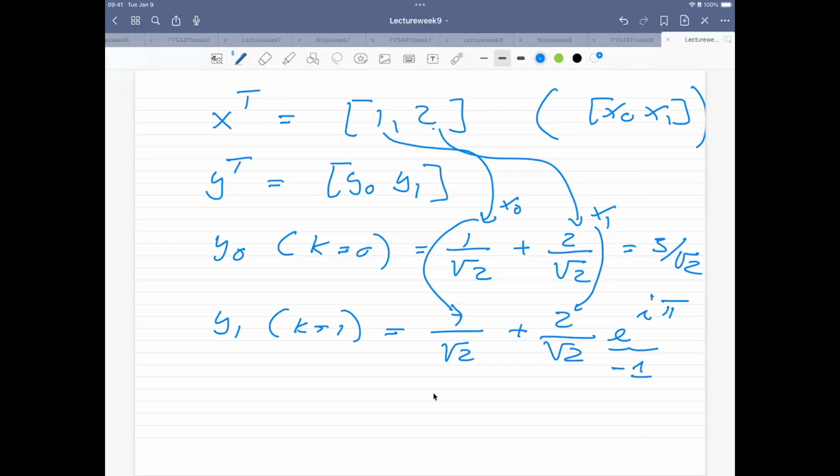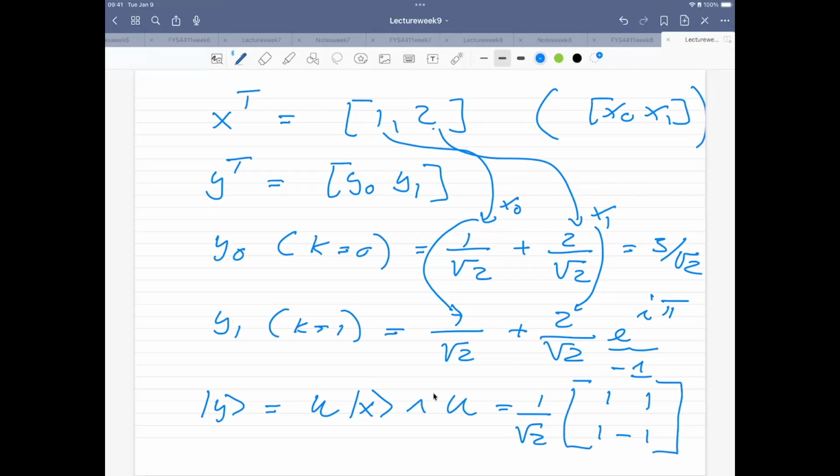Now, if I then look at what I've done, if I take the vector y, and we even use this quantum mechanical notation for a classical vector, this is the same as u times x. And what you will see now is that u, in this specific case, is equal to something you've seen before. 1, 1, 1, and -1.